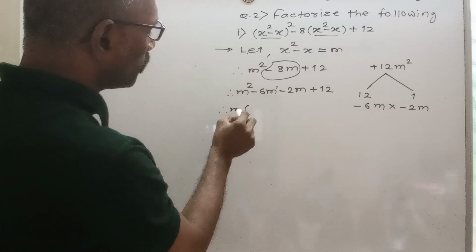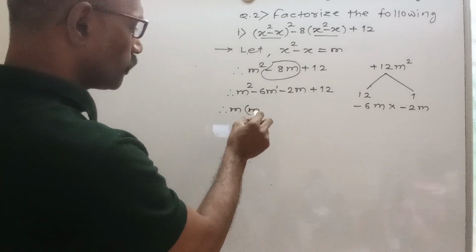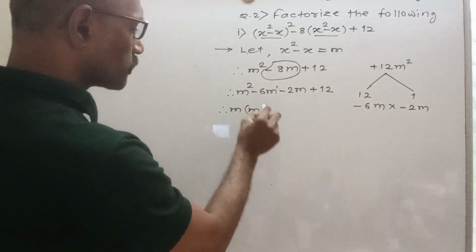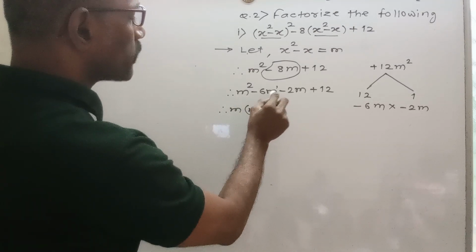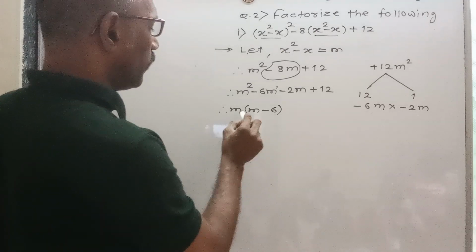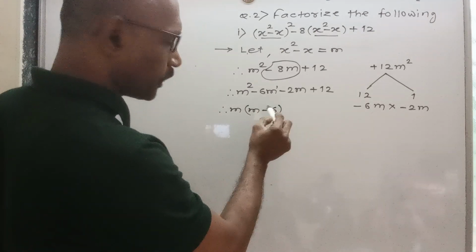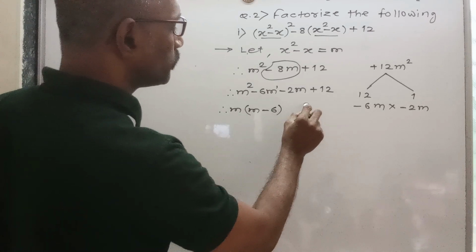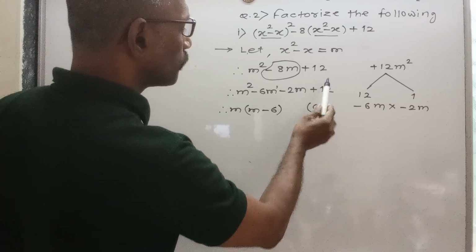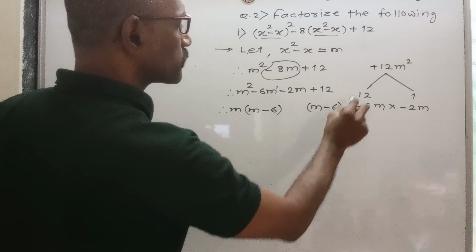Out of this m² we take m outside, then what is left? m into m², we have taken this m outside, then what is left? Minus 6. m in bracket, m minus 6. Every time we write the same bracket. Here we write the same bracket, m minus 6.